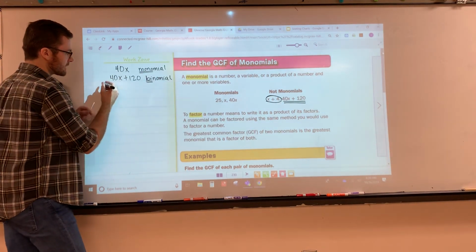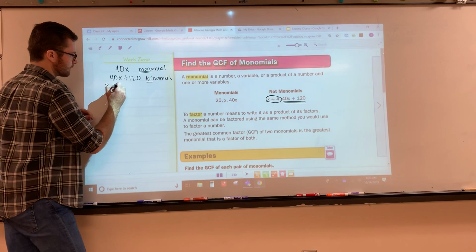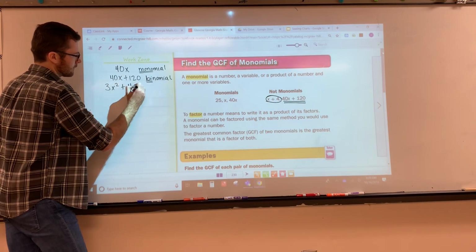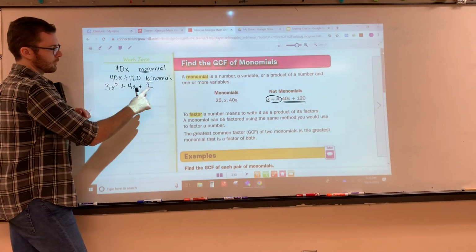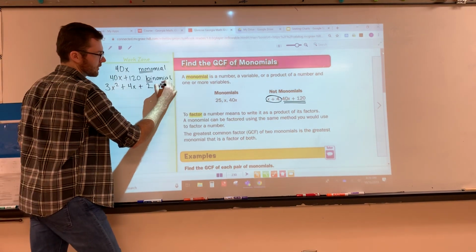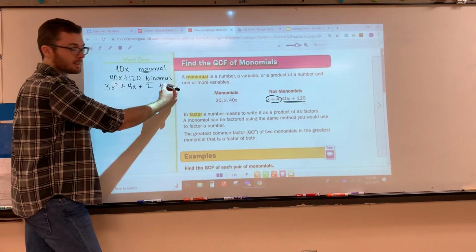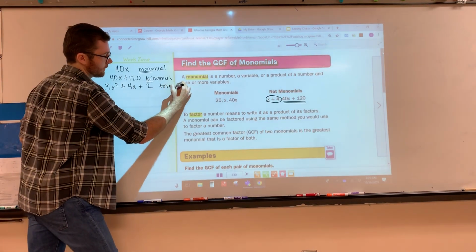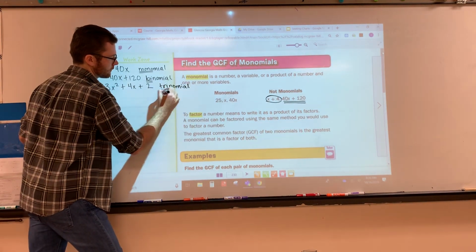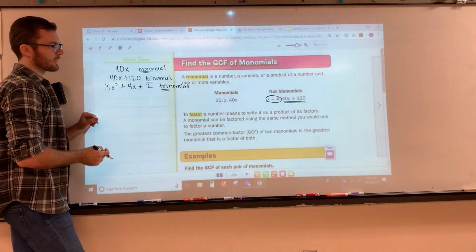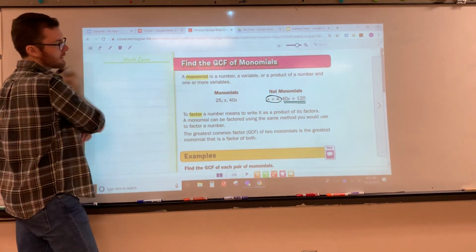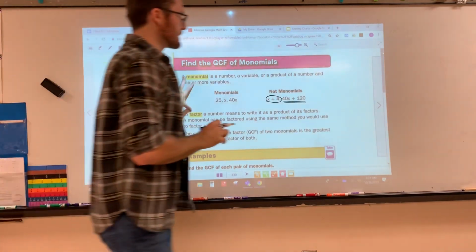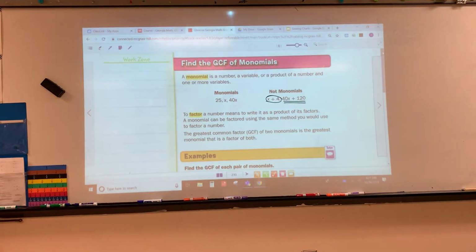And if we have a linear expression that has 3 terms, 1, 2, 3 terms, that's called a, can you guess? Trinomial. Okay. So that's the vocabulary that we're going to be working on today, monomials and binomials.